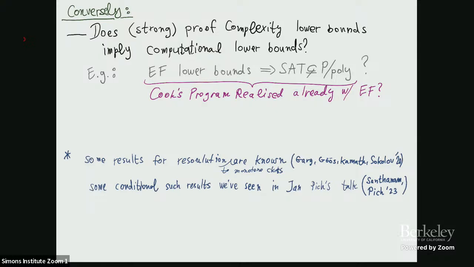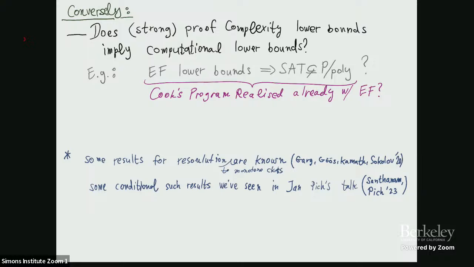Whether EF lower bounds would imply computational complexity lower bounds, Jan's and Rahul's results were conditional. Of course, in the weak proof system regime, some results for resolution and monotone circuits are known.